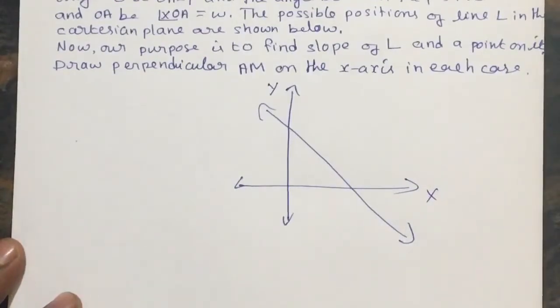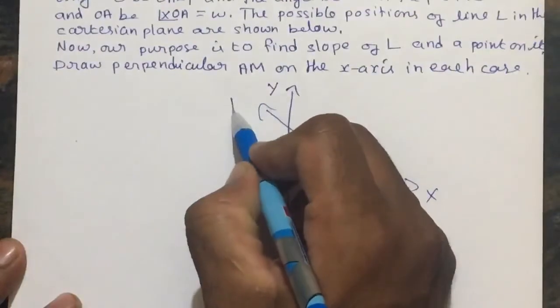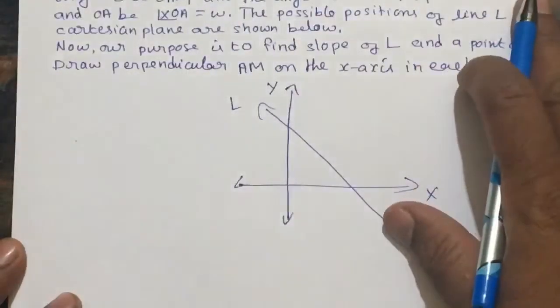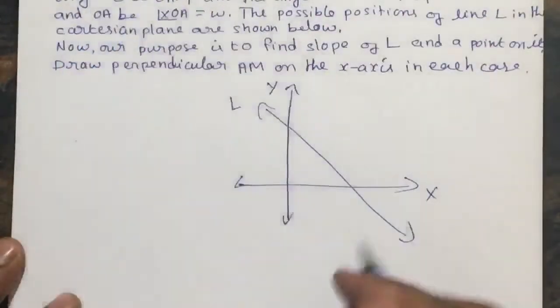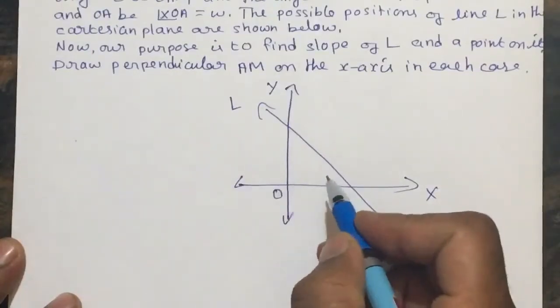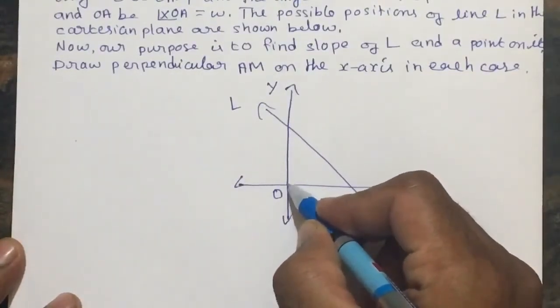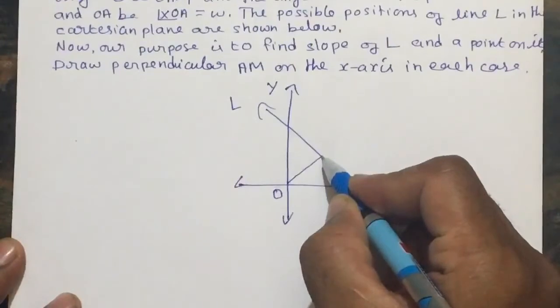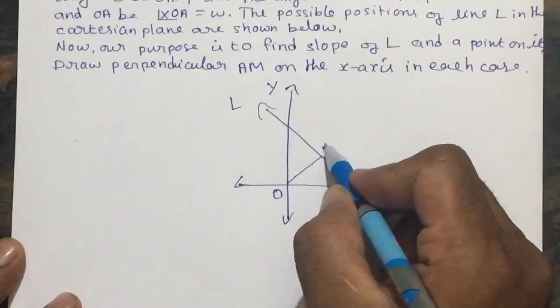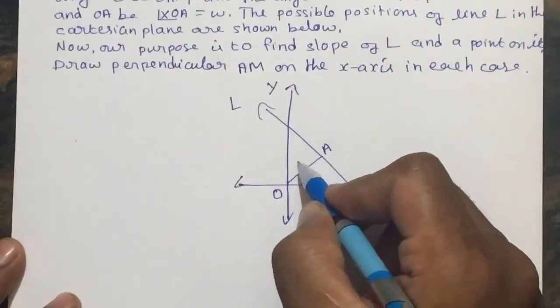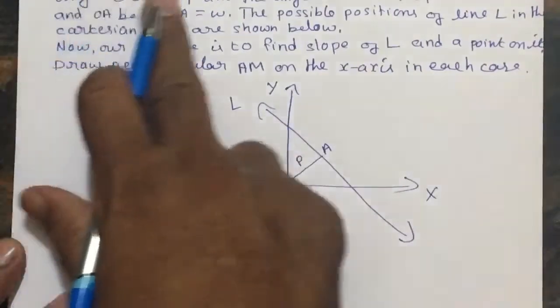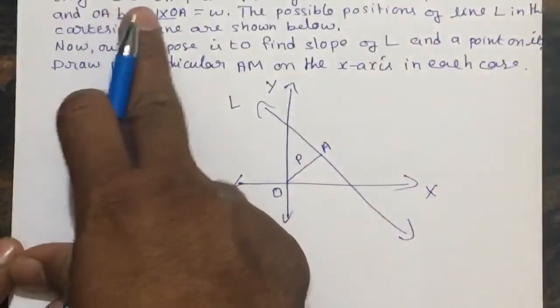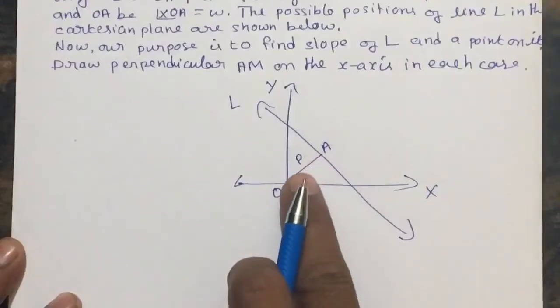I am taking the first case. Let this line be L, whose perpendicular distance from the origin O is OA. I'll call this point as A and this distance as p.